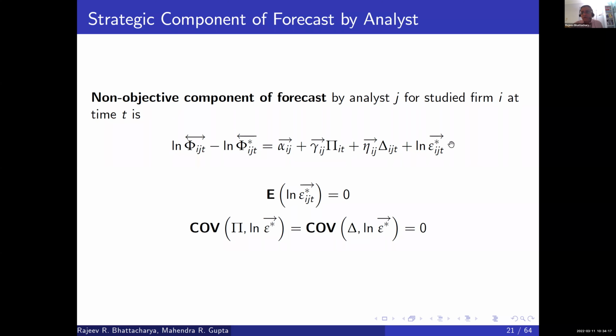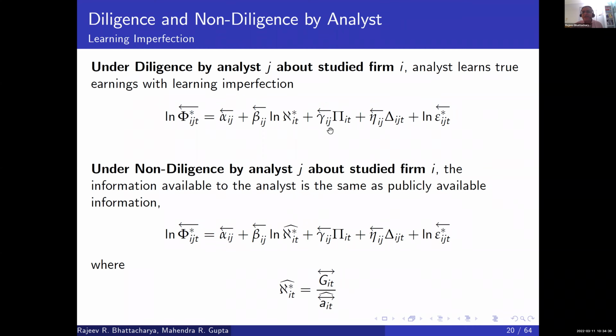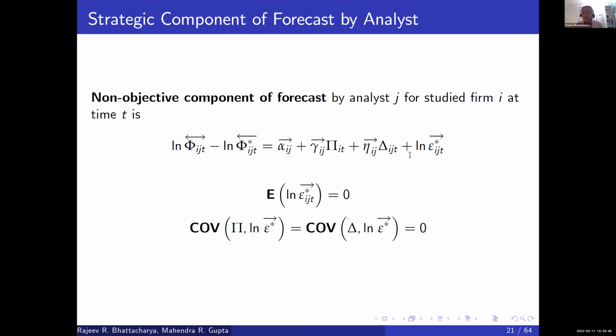We model this as a function of the pi IT, which is all publicly available information, and delta IJT, the number of days between management guidance and analyst forecast, plus this non-objective component of this forecast. In the previous slide, also we had, as you can see, the pi IT and delta IJT. And so this pi IT becomes critical, as we'll see shortly.